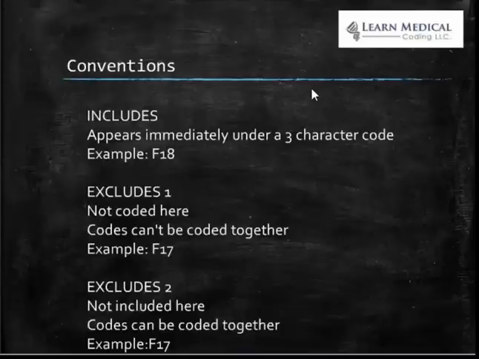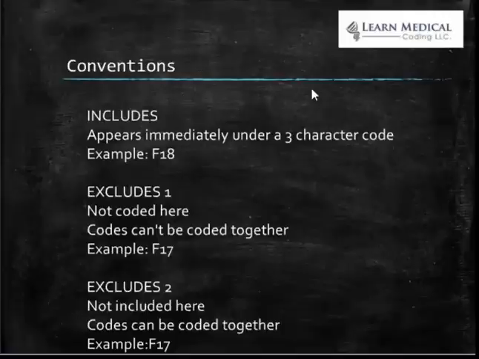So the patient had volatile solvents. It's included under this category. Okay? So you would code from the F18 category. If you look at excludes 1, when you're looking for an example, you can go to F17.